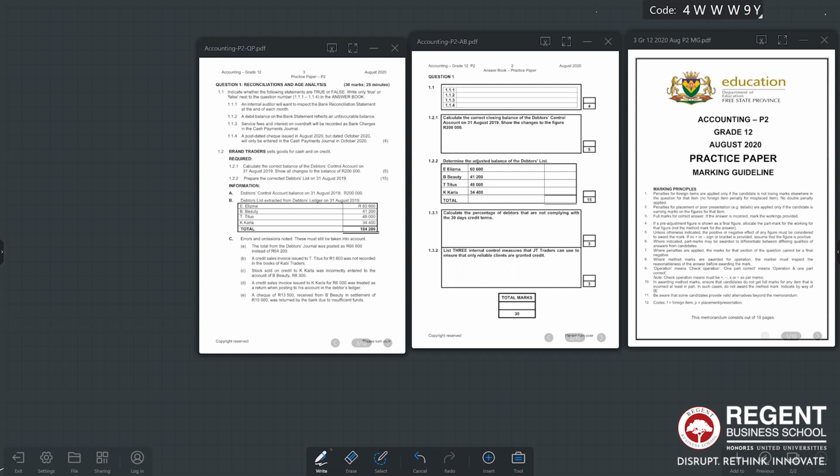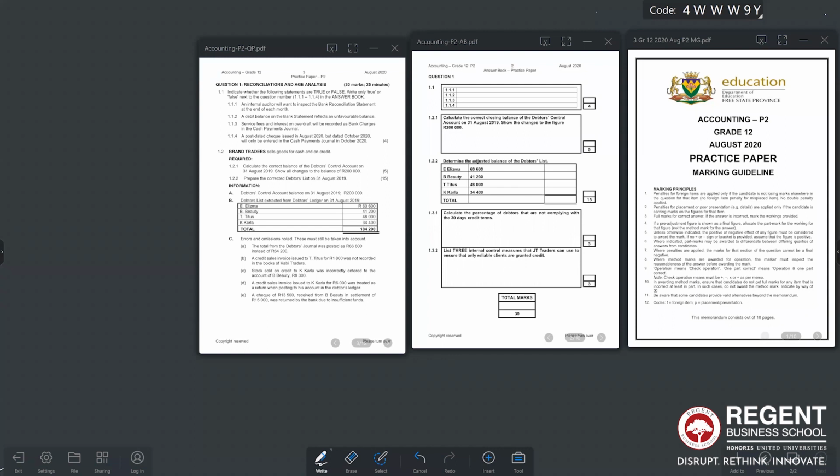Let's start. So the first one, you've got over there errors and omissions noted. These must still be taken into account. The total from the debtors journal was posted as 66,800 instead of 64,200. If you posted the total of the debtors journal, it went to the debtors control account.